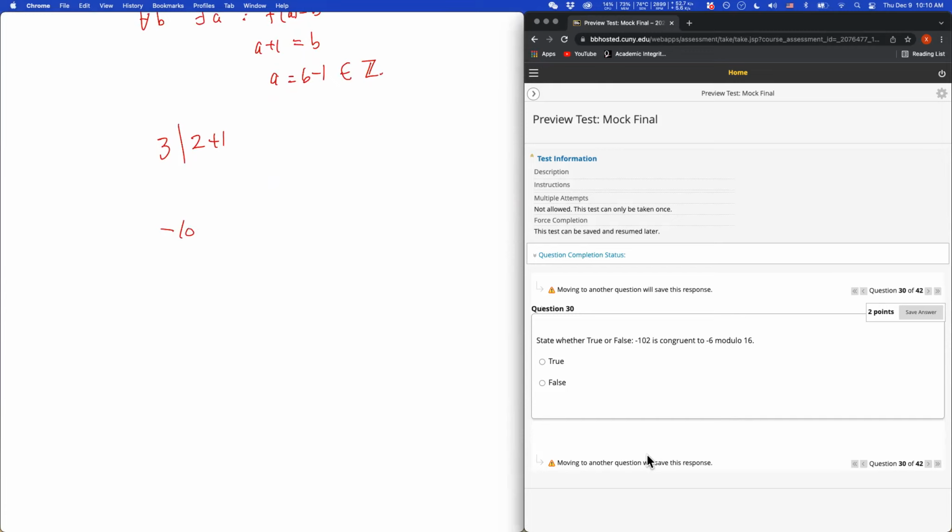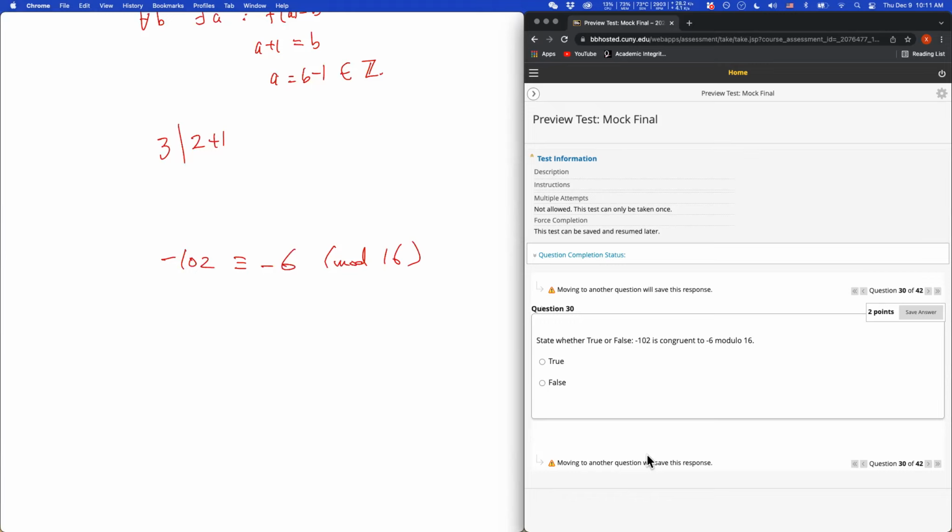Pretty much it's asking, is negative 102 congruent to negative 6 mod 16?